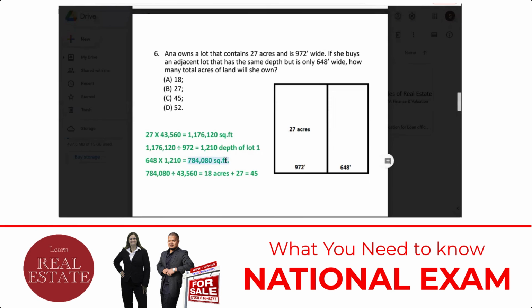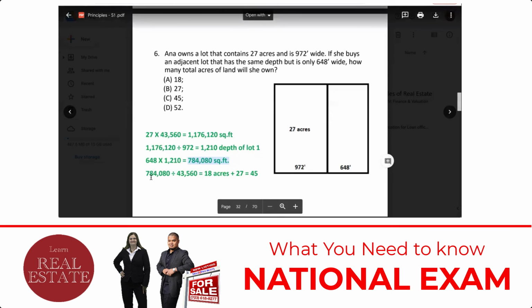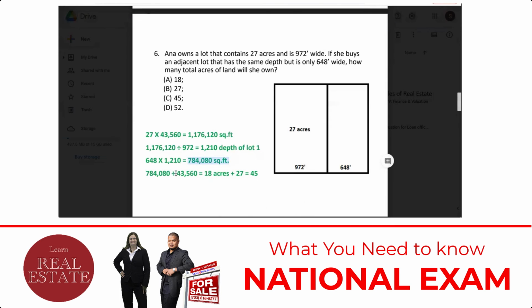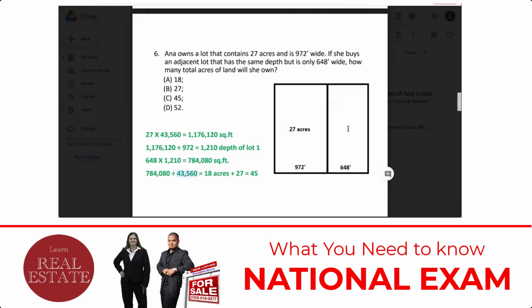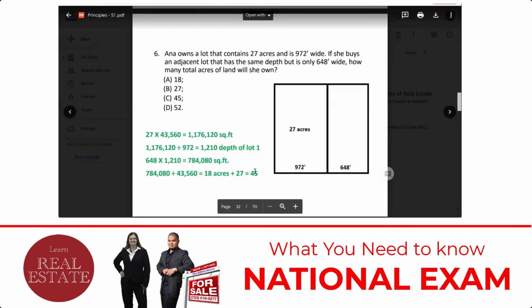Oh, and that gives us 784,080 square feet. But now I need to figure out how many acres are in this. Okay, well, guess what? I'm going to divide it by 43,560 square feet per acre. And that tells me it's 18 acres. And so the 27 plus 18 is a total of 45.